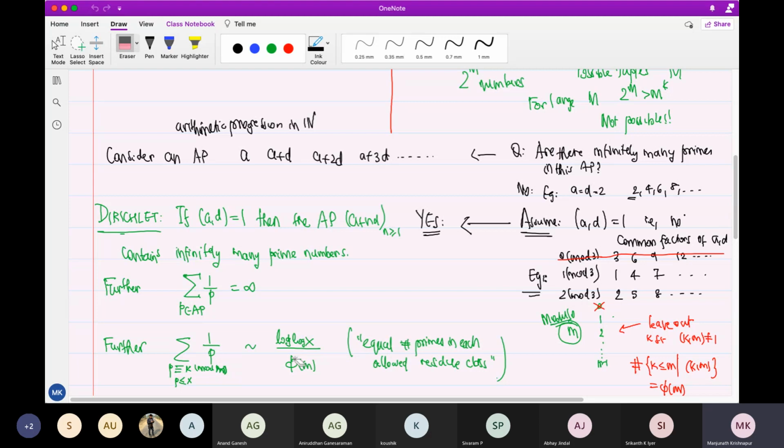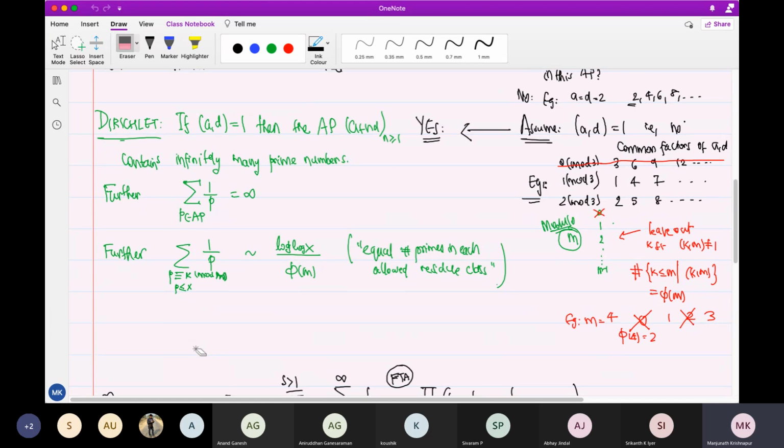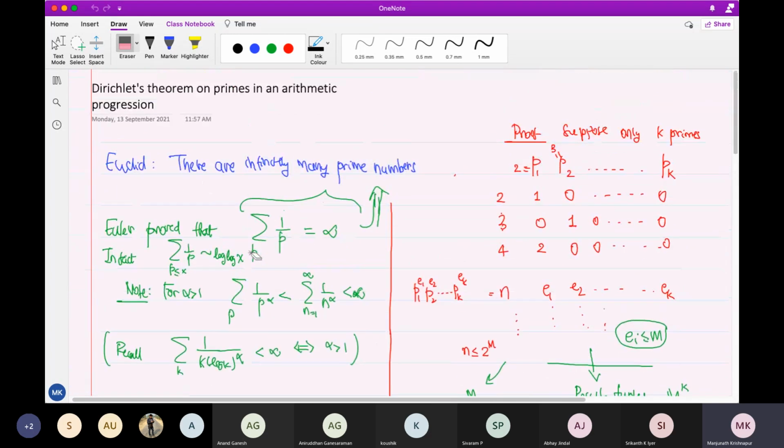These are the ones for which it works, and each of them has roughly the same number of prime numbers. There are different senses in which one can prove density. This is one way of saying it, that this sum of reciprocals up to x blows up like 1 over phi of m times the way the sum of 1 over p blows up.